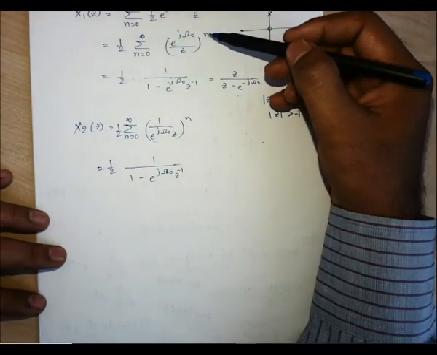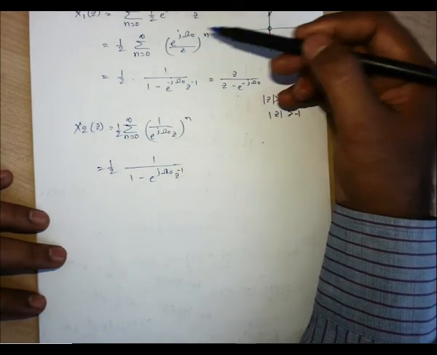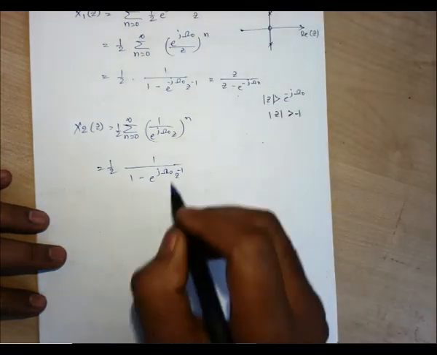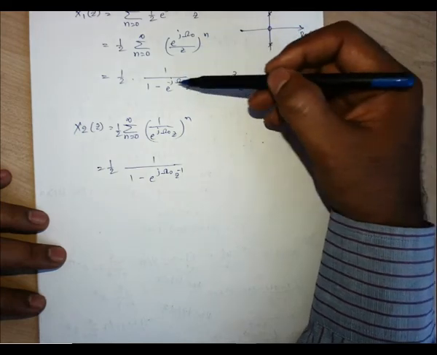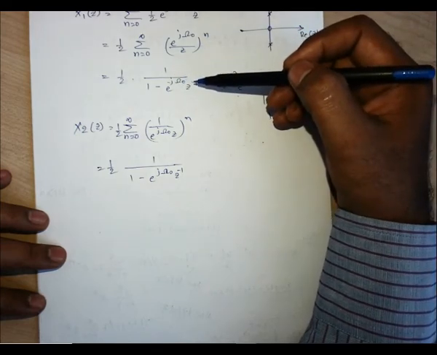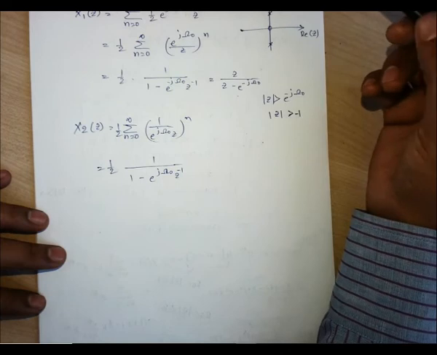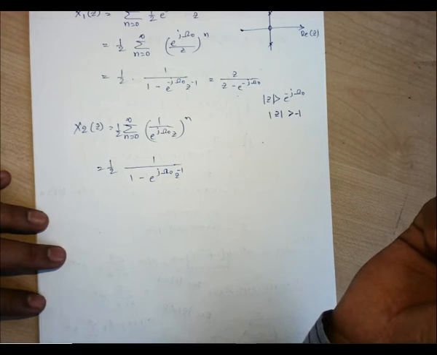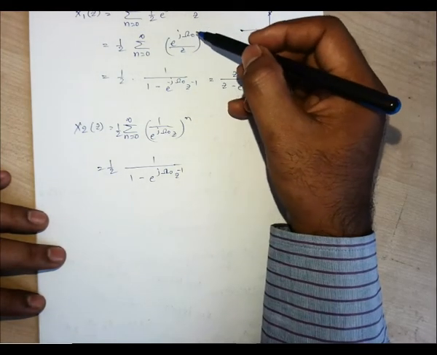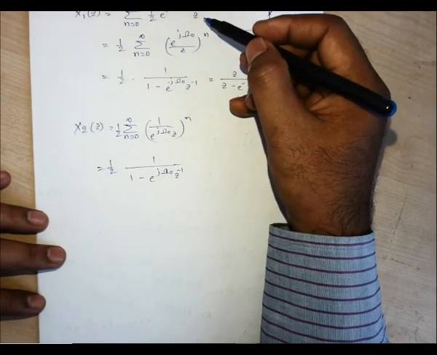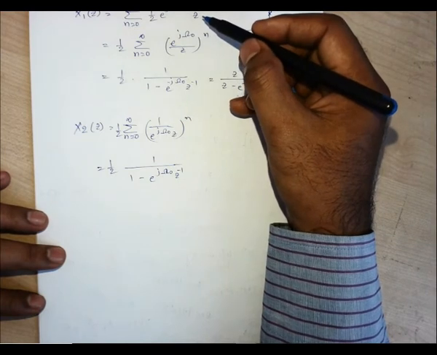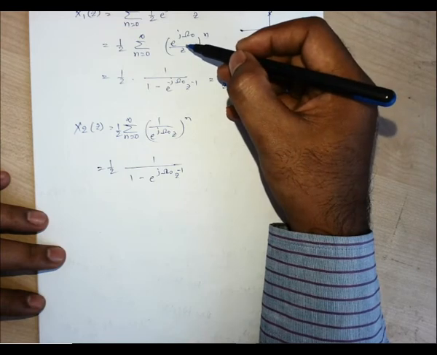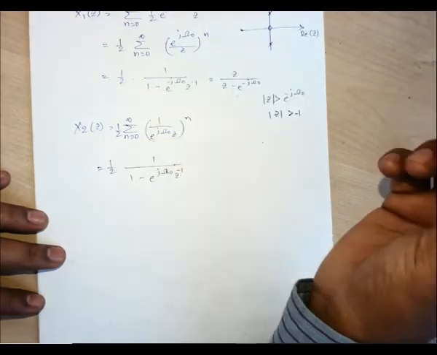So here, 1 by 1 minus a into z inverse. Most probably this one will be positive, right? What is the formula? 1 by 1 minus z inverse. If we take the z inverse for this, this one will be positive, and this one will be negative.